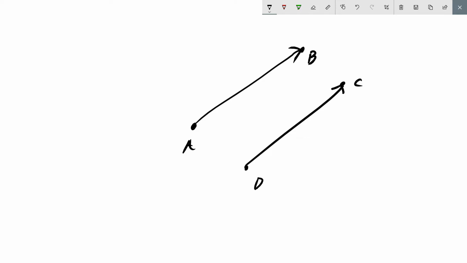Now we're going to get into some notation. How do we express A to B? Well, we express it starting with a capital A and a capital B, and then we put an arrow on top of it. We're saying the vector starting at A, finishing at B. And like I said earlier, this is equivalent to D to C. D, C, and we put the arrow on top.